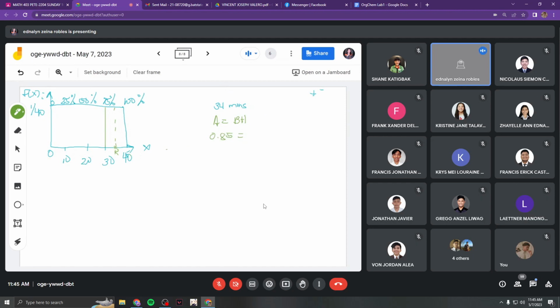Hindi natin alam kung nasan si K. But it is from 0 until K. So we do have K minus 0 times our height, which is 1 over 40. Multiplying both sides by 40, we can get 0.85 times 40 is equals to K. Therefore, our 85th percentile is 85% of 40, which is 34 minutes.